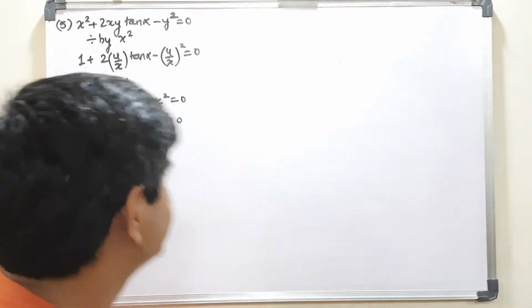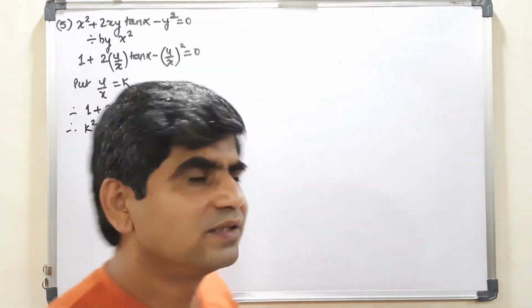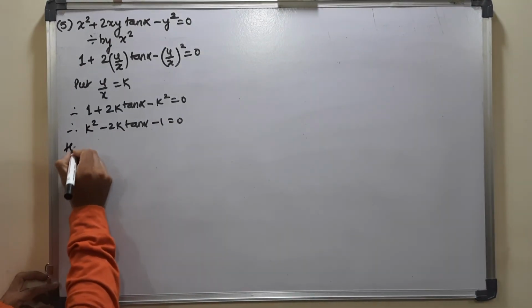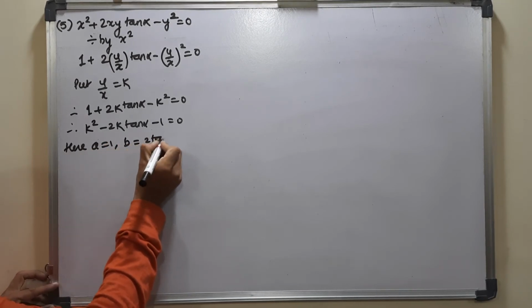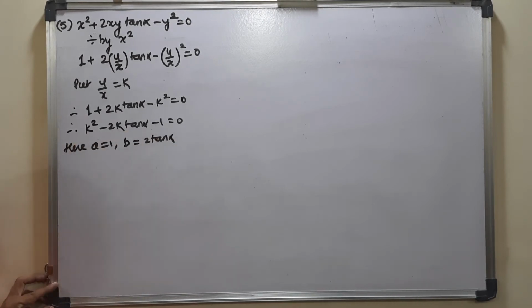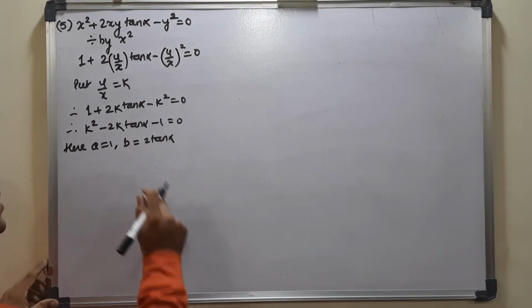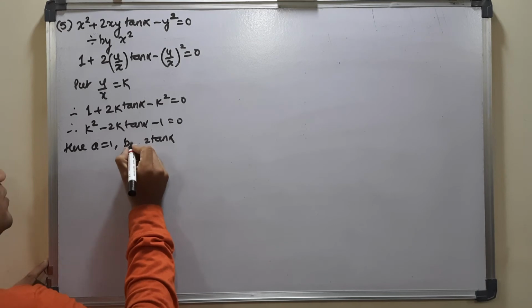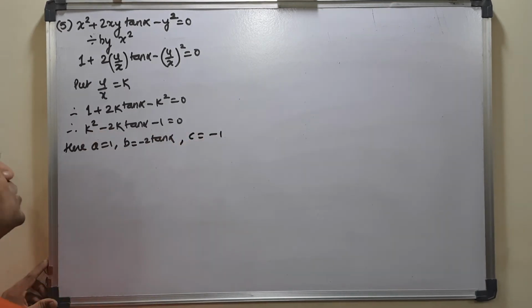Now find the values of A, B, C. Because of tan alpha, nobody needs to split it or think more on it. Here A is equal to 1, B is equal to minus 2 tan alpha, because it's a quadratic equation in k now, so k is your variable, and C is equal to minus 1.